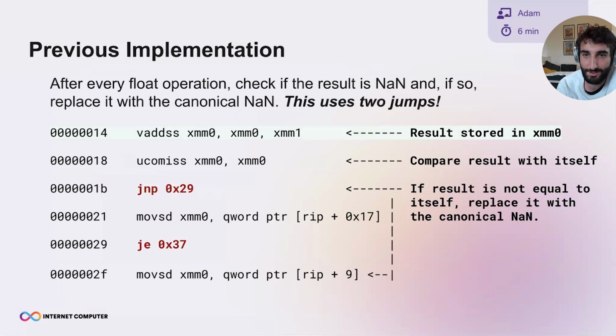One interesting thing from the spec is that a NaN, when you compare it to itself or any other number, is never going to be equal, even if it's the same NaN. So you can always tell you have a NaN if you compare it with itself and you get not equal as the result. So every time we do an addition or something, we compare the result with itself, and then these jumps decide whether we keep our original value if it was a good value, or we replace it with the canonical NaN if it was a bad value.